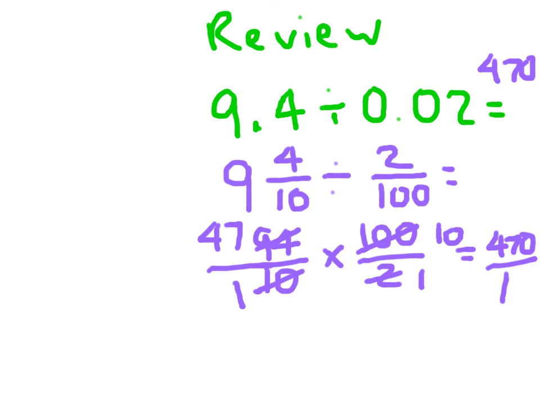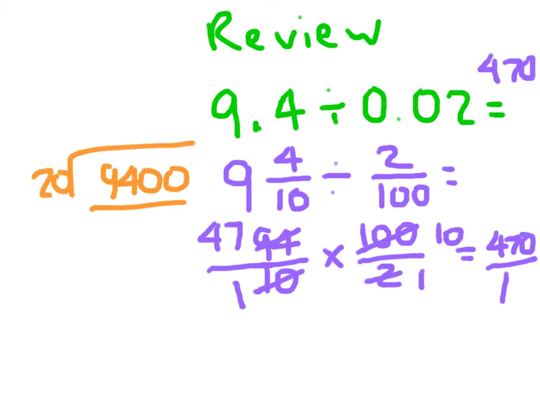Technically, if we didn't use the common factors approach, we could have solved that. It would have been 9,400, which is 94 times 100. And then the denominator would have been 10 times 2, which is 20. 20 goes into 94 4 times. 4 times 20 is 80. 94 minus 80 is 14.